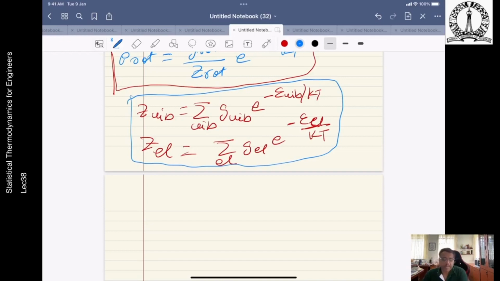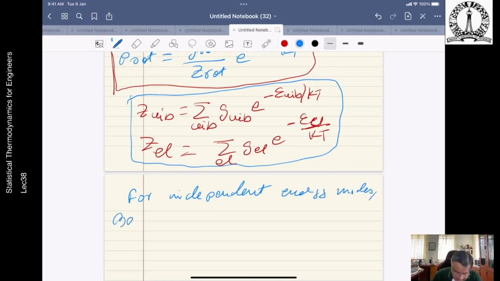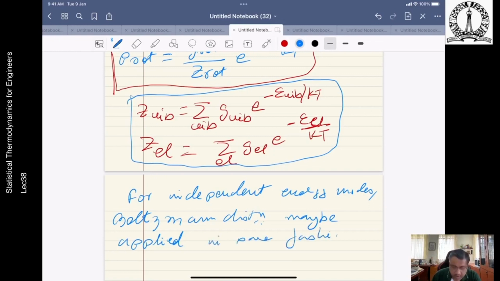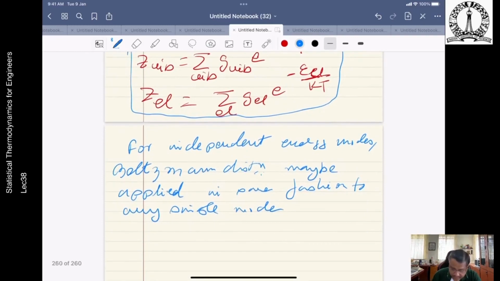The Boltzmann distribution may be applied in the same fashion to any single mode, as well as to any group of such energy modes.